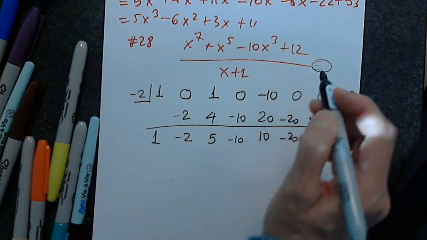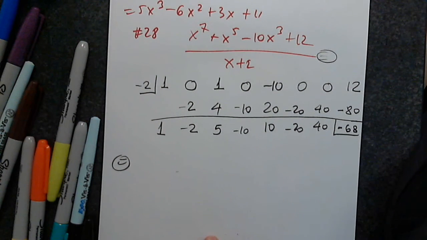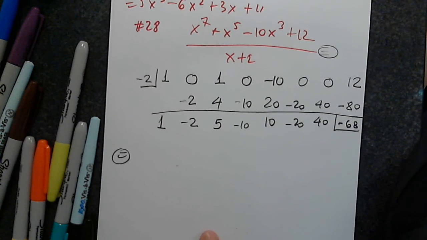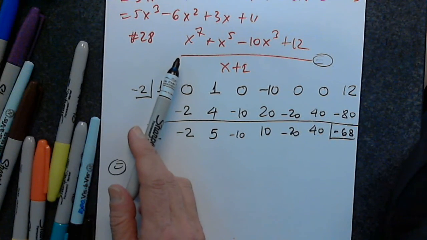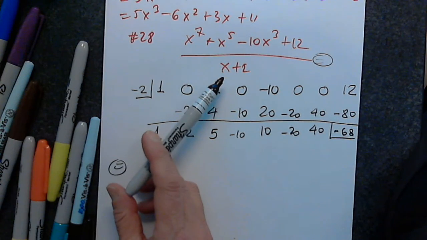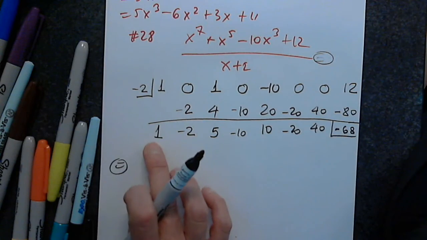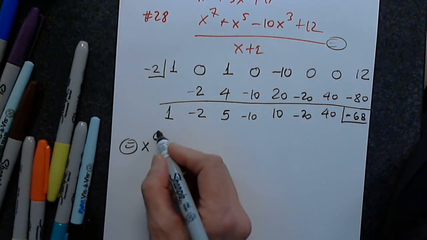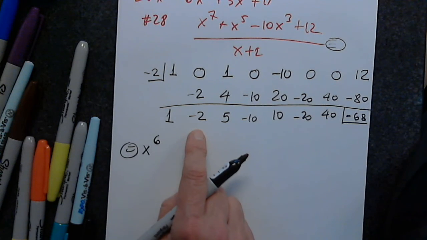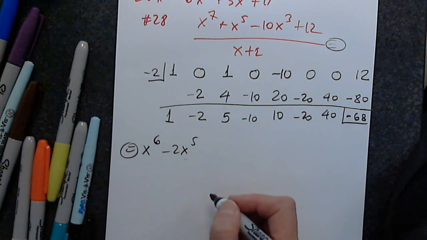What is the degree of the answer? We divided what degree by degree 1? So the first one must belong to? Excellent. So this is x to the 6th, then minus 2x to the 5th. Awesome.